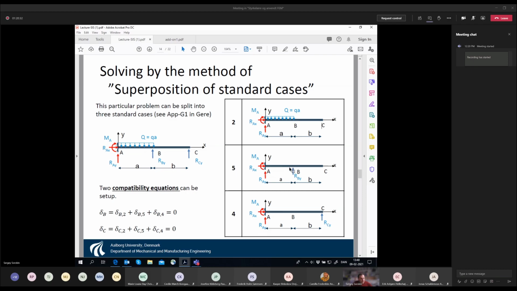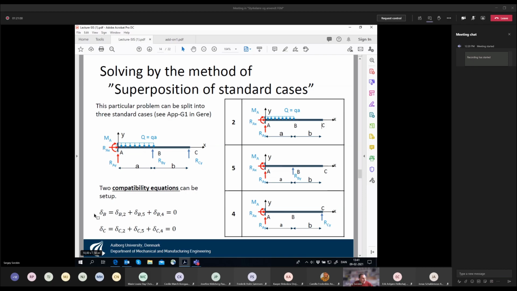Obviously, it will also introduce a displacement at point B and a displacement at point C. And then the last case is that we have this force acting only at point C, and it's the same story. This force will introduce displacement at point C and displacement at point B.